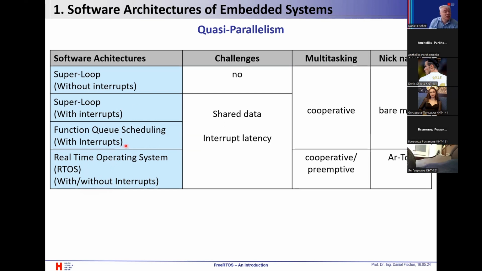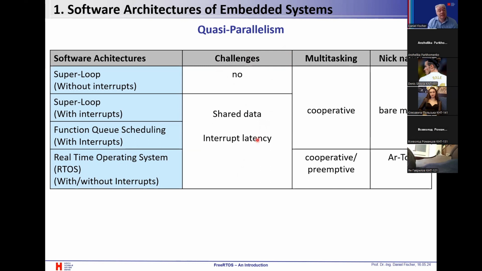Okay, some challenges here. Normally in the super loop, there is nearly no challenge for you. It's very, very easy to implement. The other architectures really have a kind of problem. You have here the shared data problem.